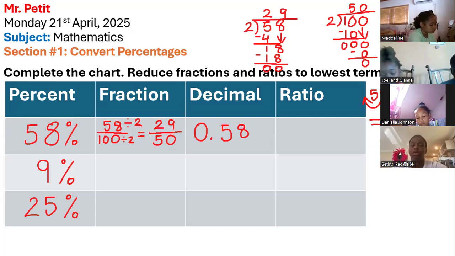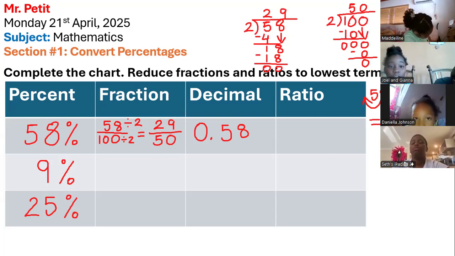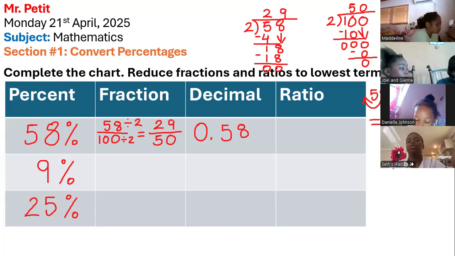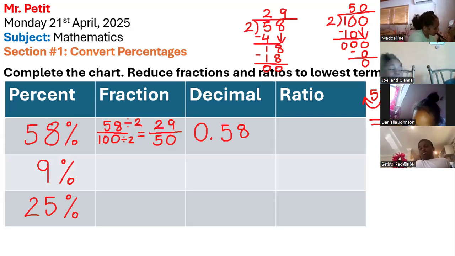And what is 75% as a decimal? 0.75. And what is 85% as a decimal? 0.85. And what is 25% as a decimal? 0.25. Very good.